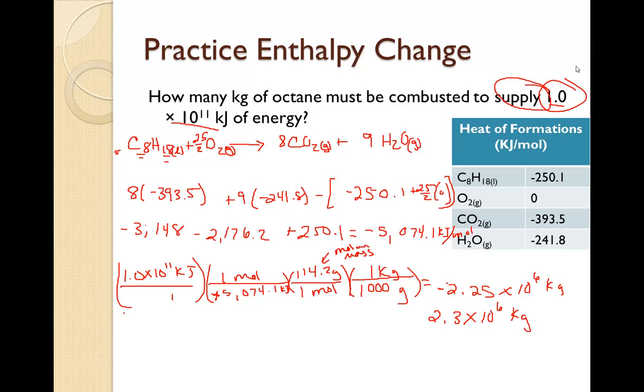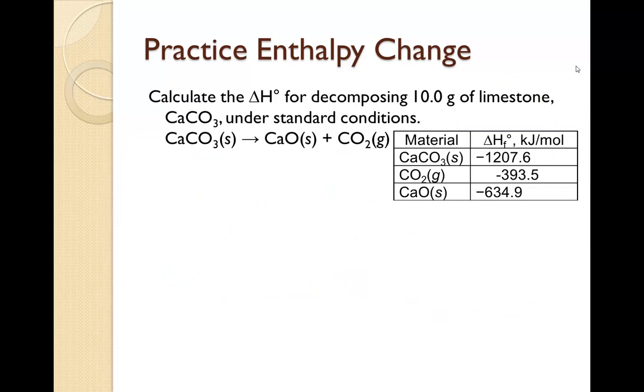Calculate the delta H for decomposing of 10.0 grams of limestone, which is calcium carbonate, under standard conditions. So, products minus reactants. We have 1 CO2, which is 1 times negative 393.5, and 1 calcium oxide, which is 1 times negative 634.9, minus the reactants, which is calcium carbonate.